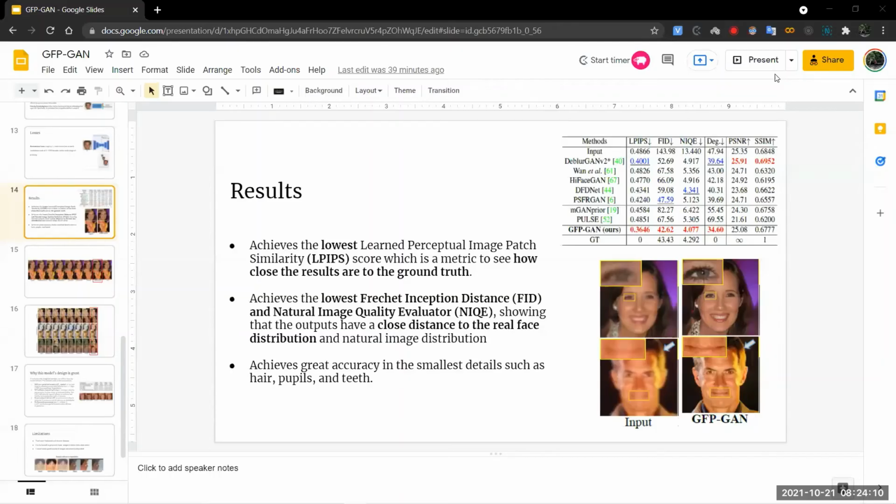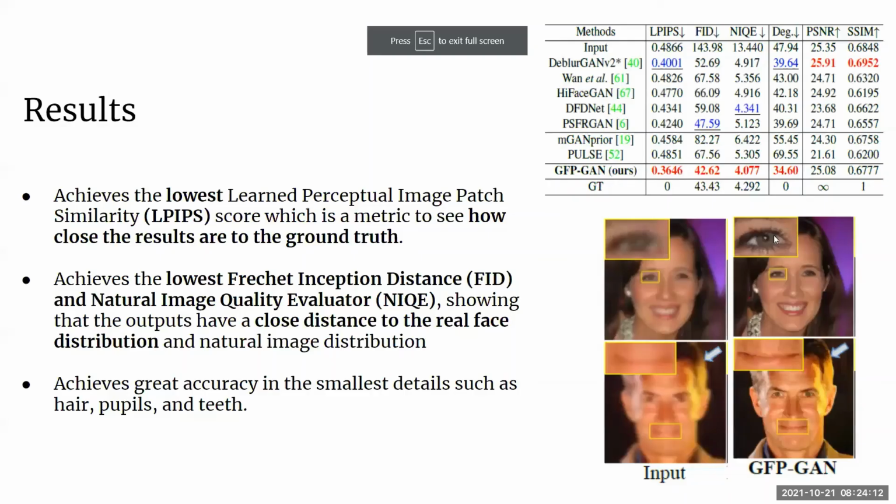And let's finish it up by showing the results and whether this paper is applicable to our implant identification project. So first of all, about the results. Overall, it's doing a lot better than the previous models that were introduced.